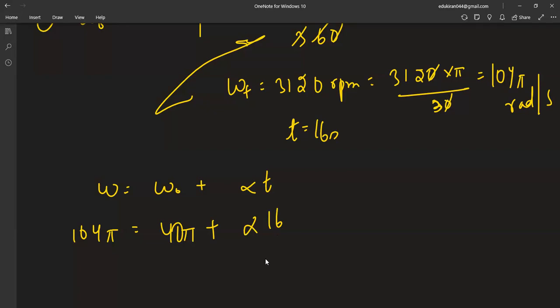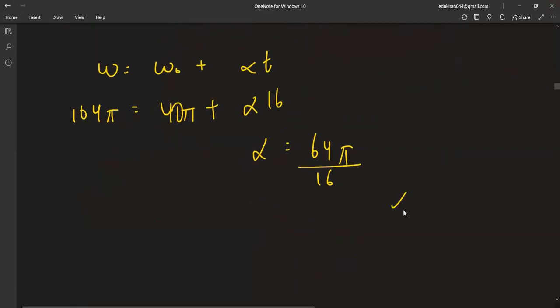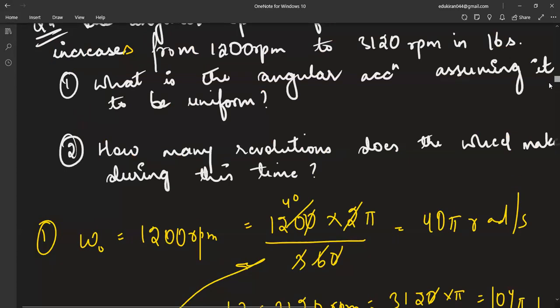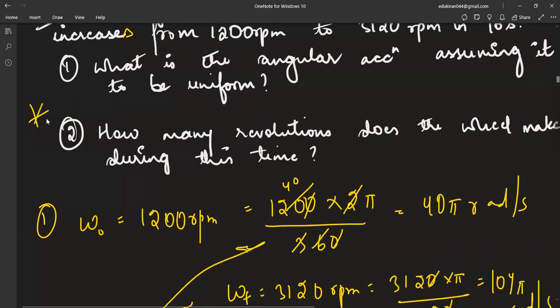Now coming back to your normal equations, this you can solve, right? 104 minus 40 is 64. So 64 pi divided by 16, this you can further solve. 16 into 4, so this answer will become 4 pi radian per second square. You ultimately have to give your answer in radian per second square. That's why you have to perform the conversion. And yes, class, this is an important part.